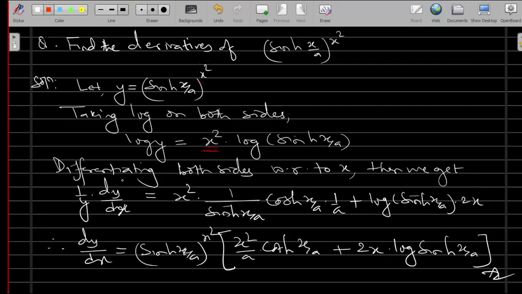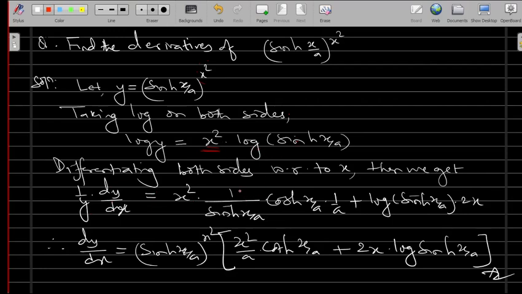Now differentiating both sides with respect to x, I have solved directly here and not expanded more because the same pattern is repeated. The derivative of log y with respect to x is 1 by y dy by dx equals first no change, derivative of this.